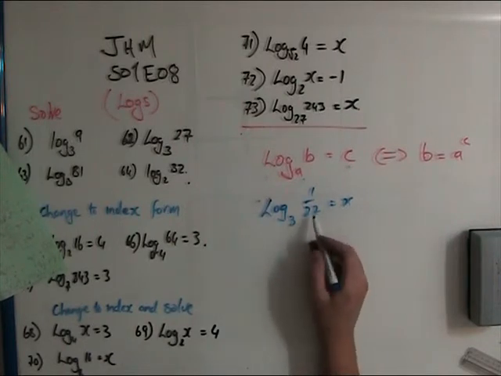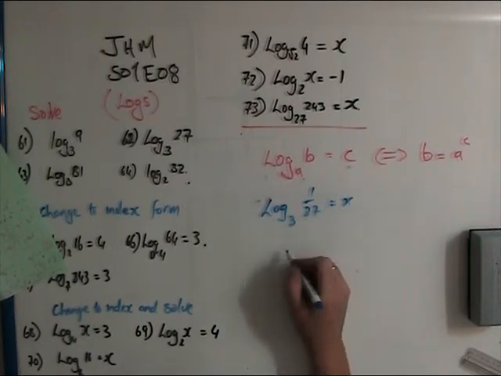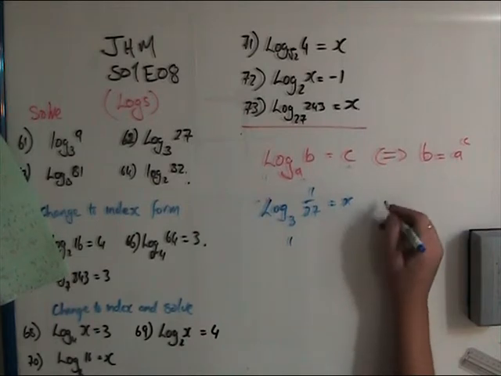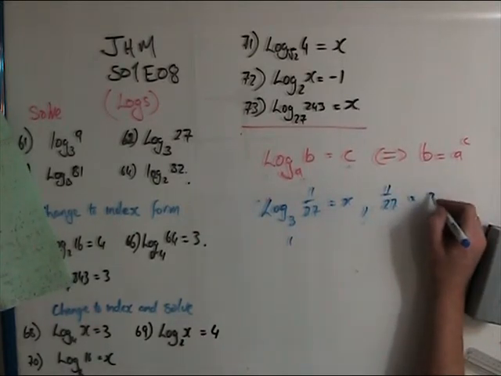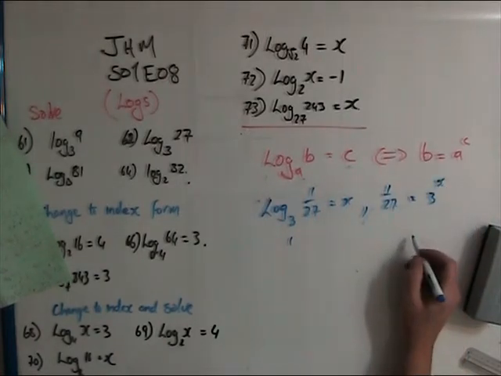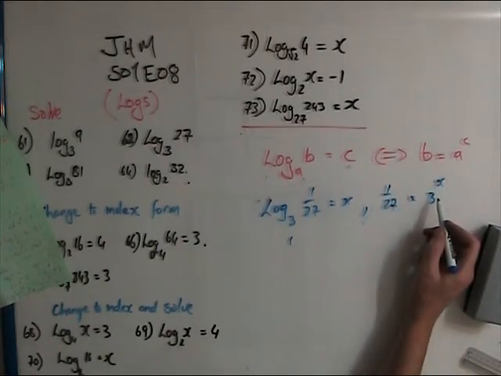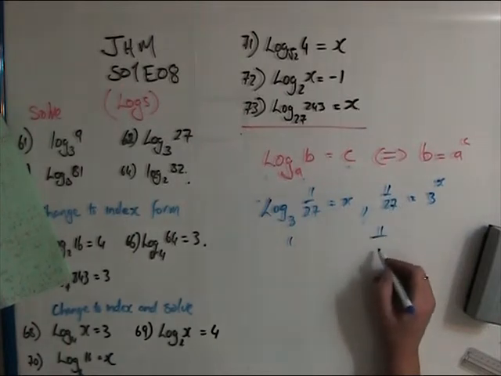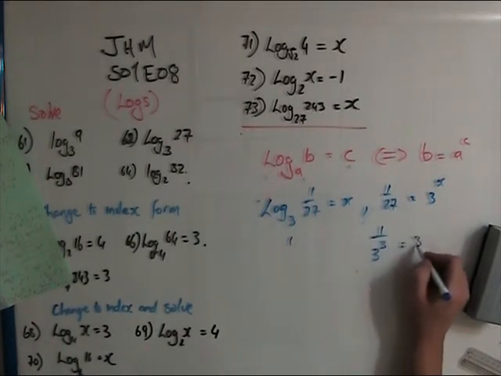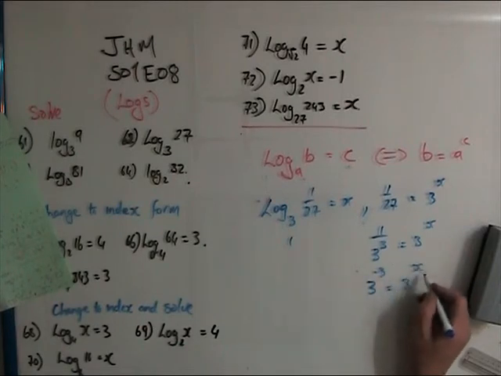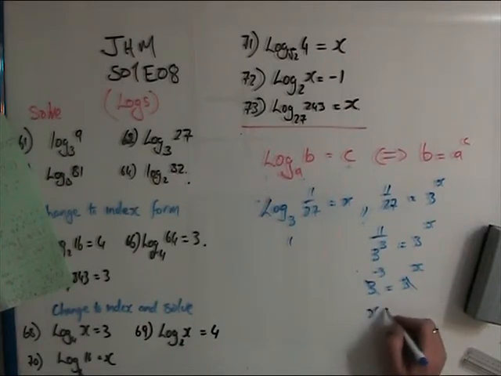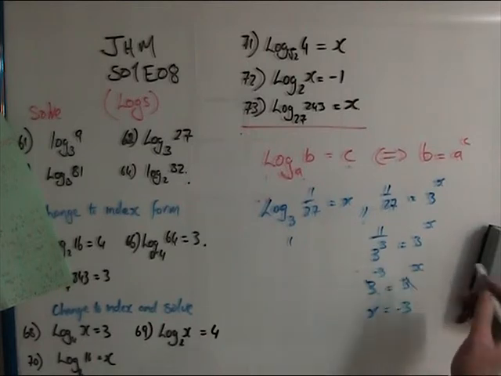That means that 1 over 27 is equal to 3 to the power of x. Let's solve this. 1 over 27 is 3 to the power of minus 3, which is equal to 3 to the power of x. Cancel the bases. x is equal to minus 3.